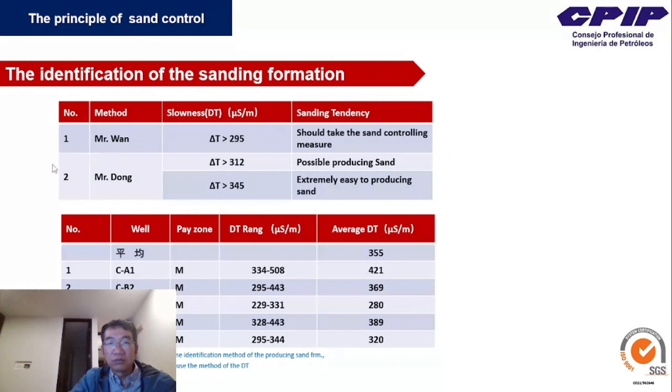And Mr. Dong told us that a delta T of about 312 means sand production is possible, and a delta T of about 345 means it's extremely easy to produce sand.